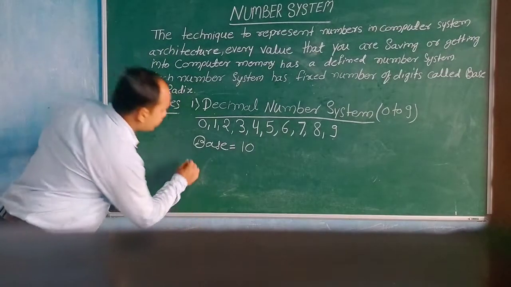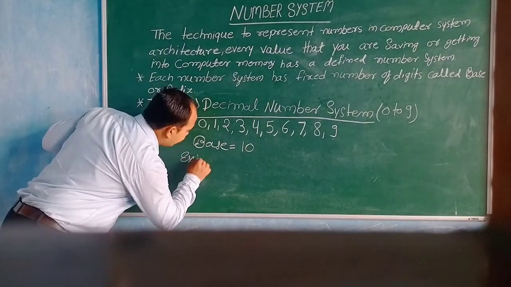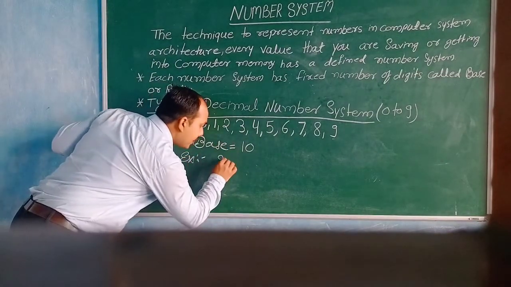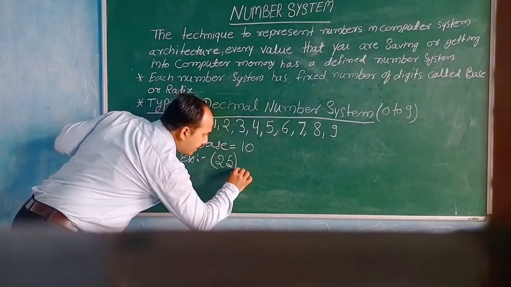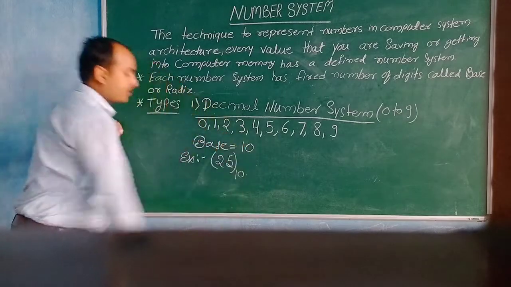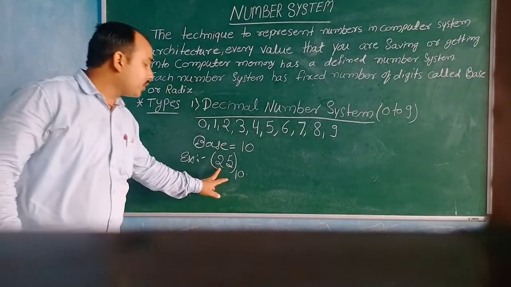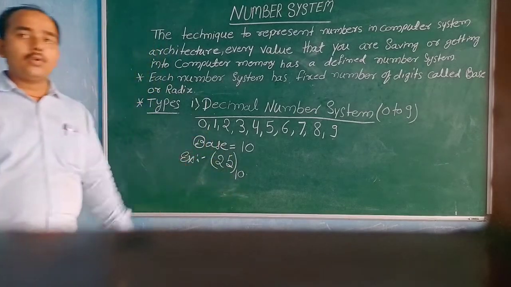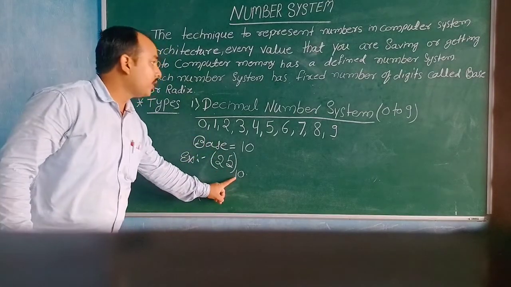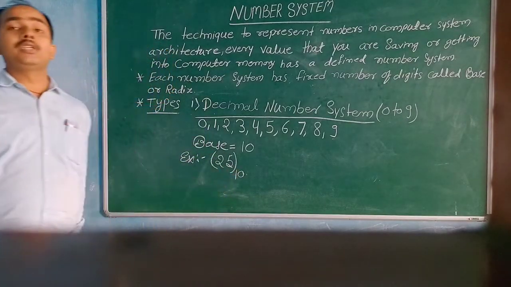Understood? Examples. How to write examples? Look here. Suppose we are writing 25, and 25 we will write in this way, with base 10. So we will know in which number system it is.